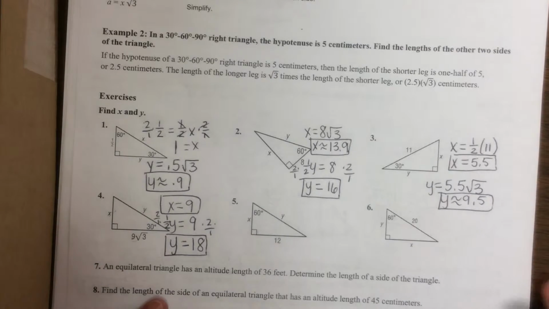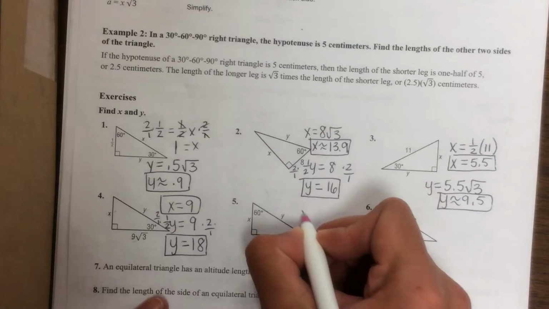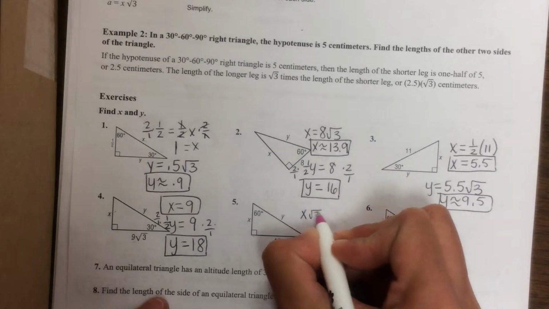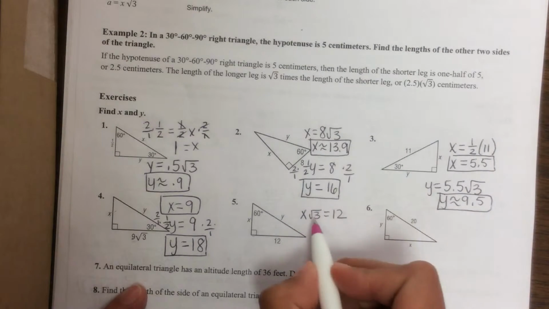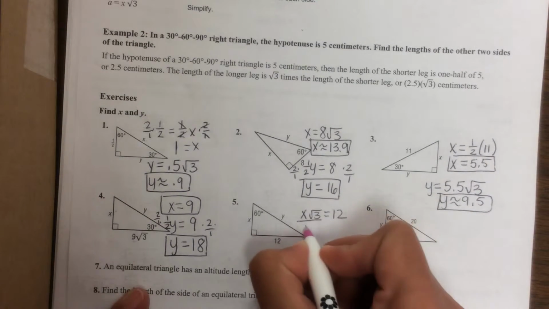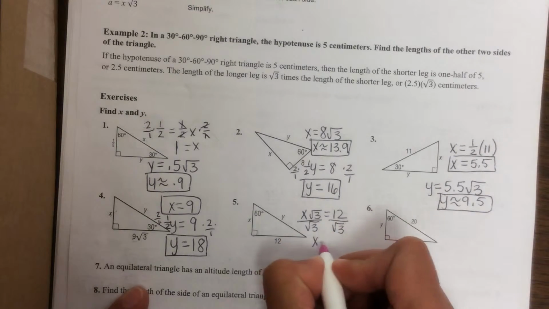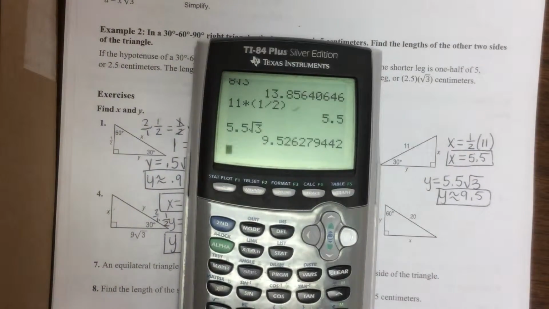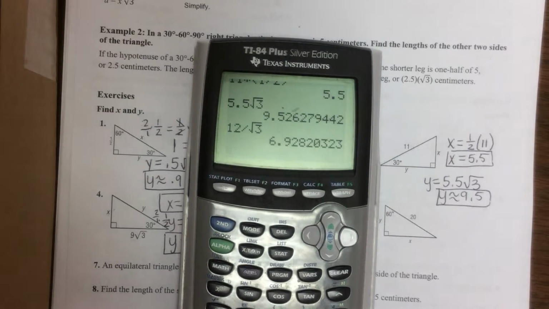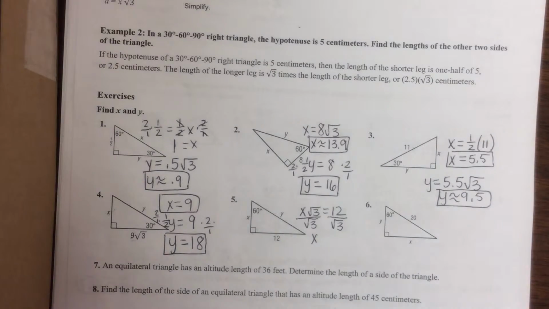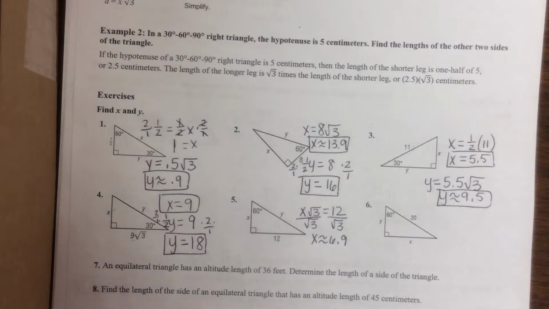Number 5. We know this leg, 12, and we know that x square roots of 3 is equal to 12. In order to get x by itself, we divide by the square root of 3, and that gives us approximately 6.9. Okay.